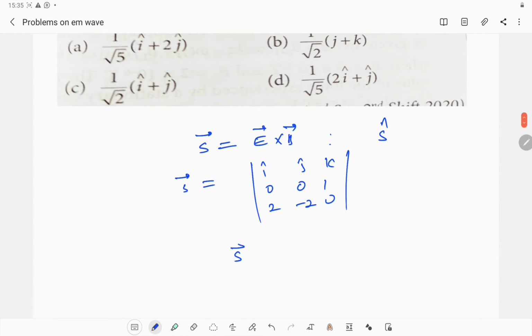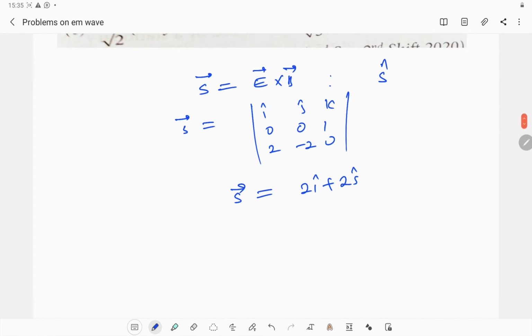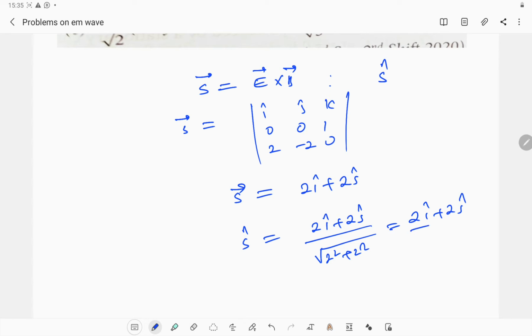From this S bar is equal to 2i cap plus 2j cap, but the unit vector S cap is equal to 2i cap plus 2j cap divided by square root of 2 square plus 2 square. Therefore 2i cap plus 2j cap by root 8, this becomes 2 root 2.